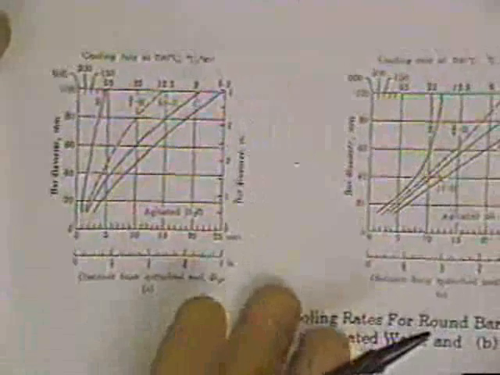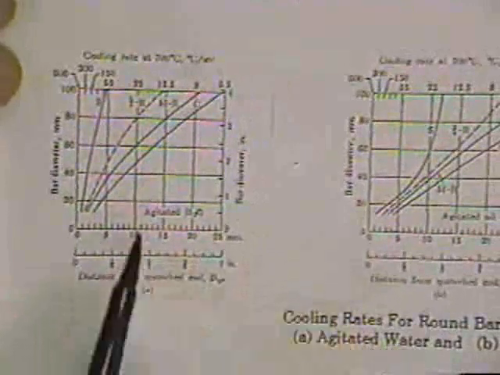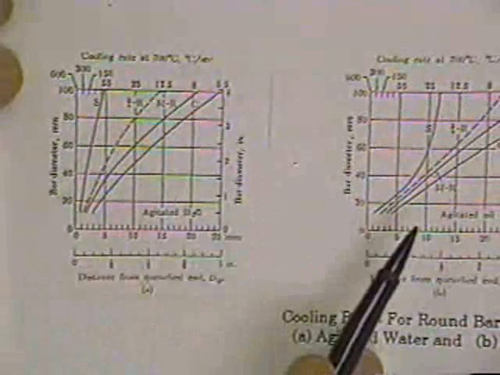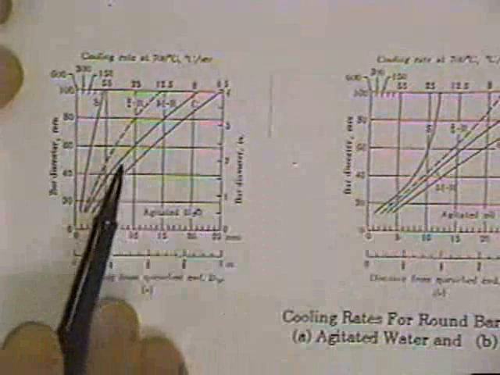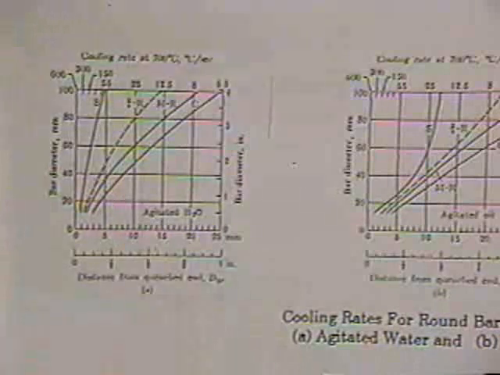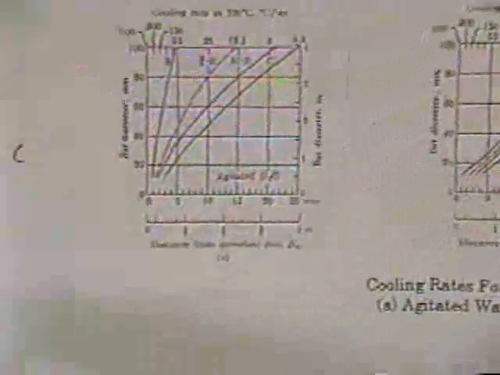The heat transfer coefficient is greater for agitated water than for agitated oil, so you'll see these are a little bit steeper slope. And let's say for our example, maybe we could blow this one up a little bit on the left-hand side here.